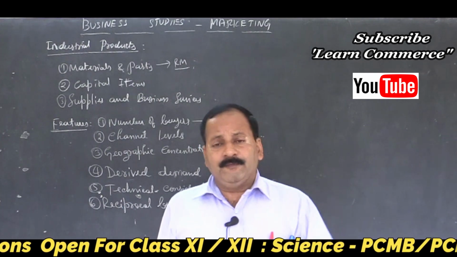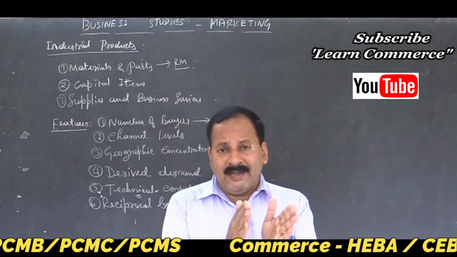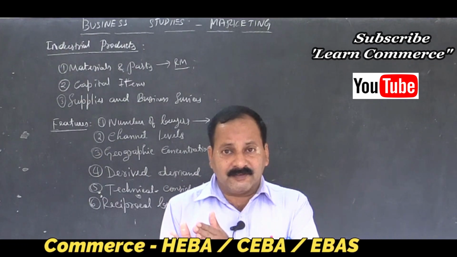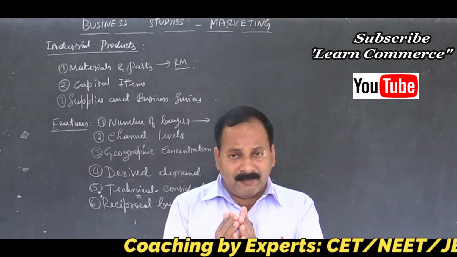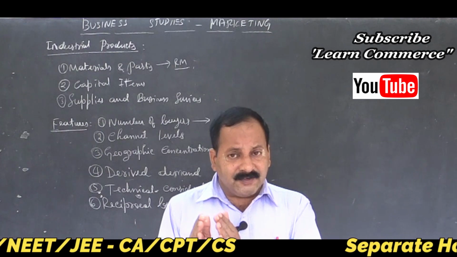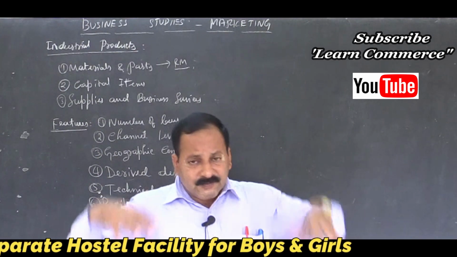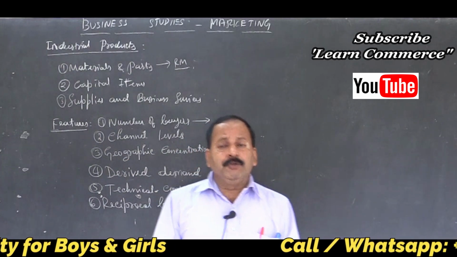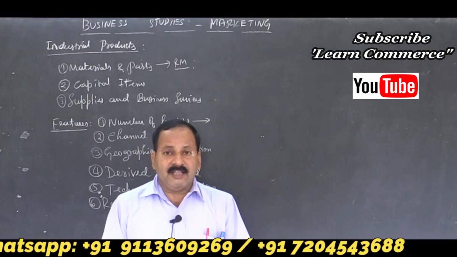You buy my finished good, I will buy your raw material, like Ashok Leyland and MRF tires. Whenever Ashok Leyland needs tires, they will buy from MRF tires, and whenever MRF needs trucks, it will buy from Ashok Leyland.